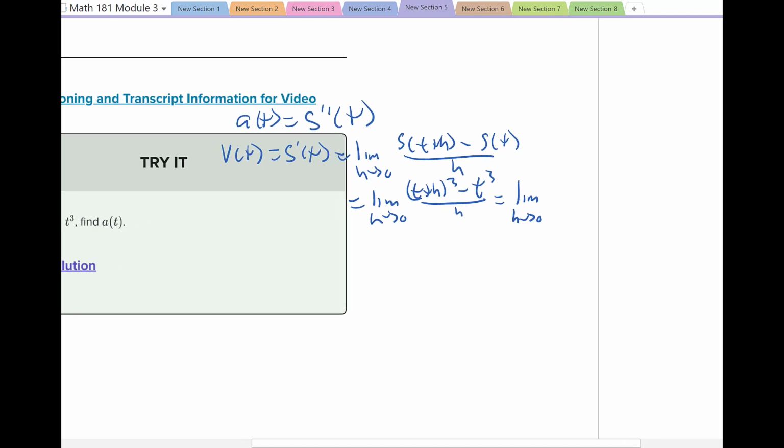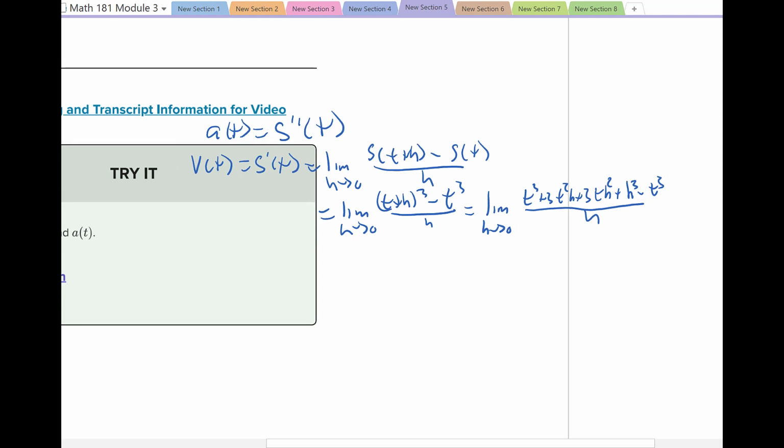And if you recall, that binomial cubed is going to be t cubed plus 3t squared h plus 3th squared plus h cubed minus the t cubed. And then the t cubes go away.